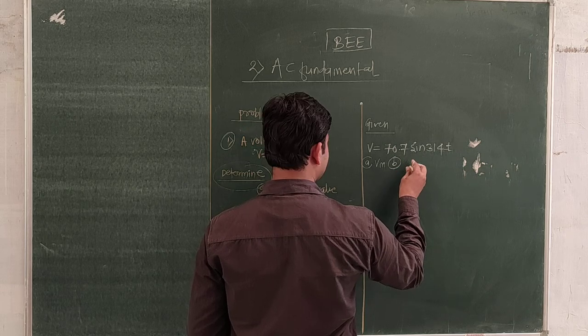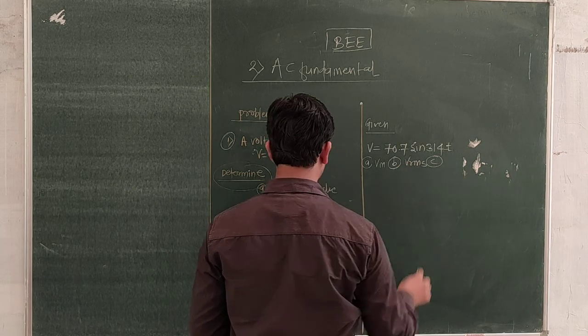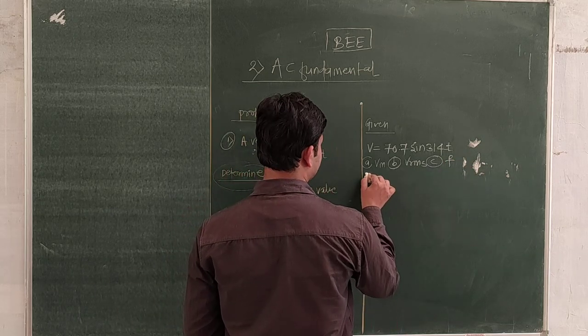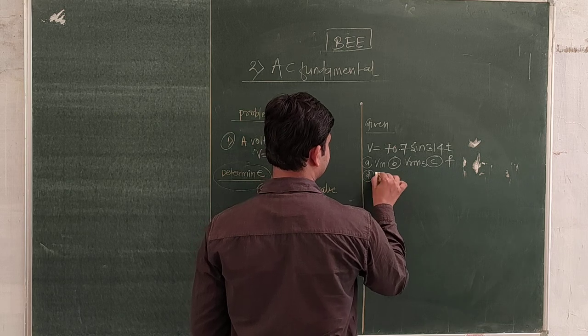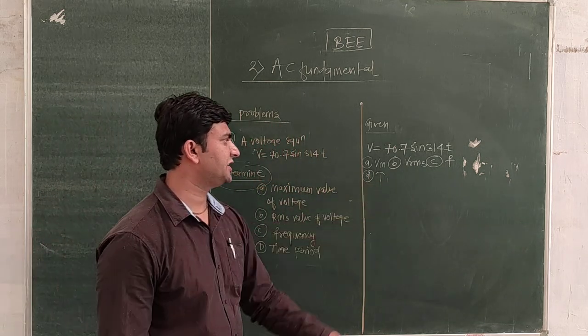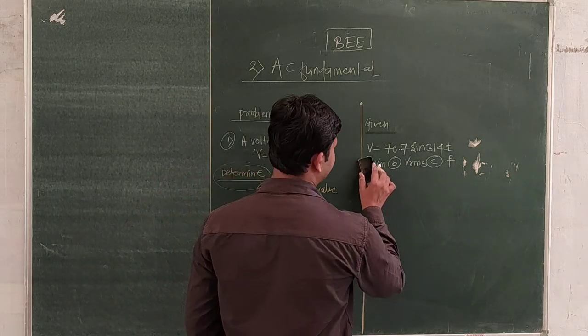Second, the RMS value of the voltage. Third, the frequency. And fourth, the time period, capital T. These are the quantities we have to determine. One by one we will determine them.